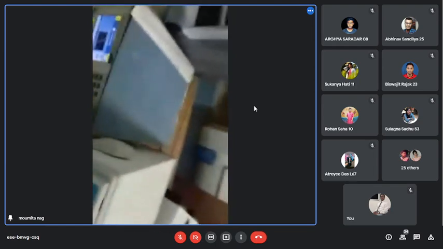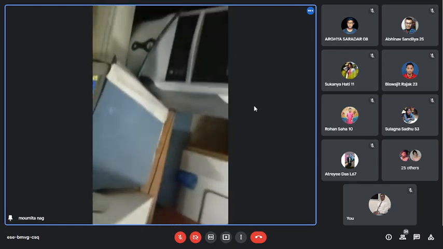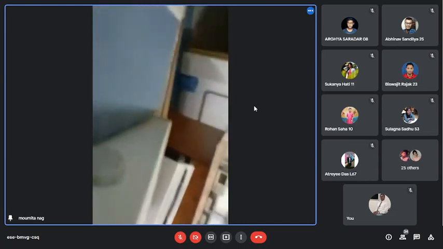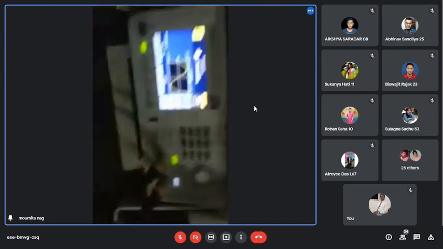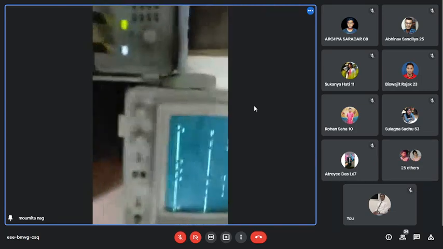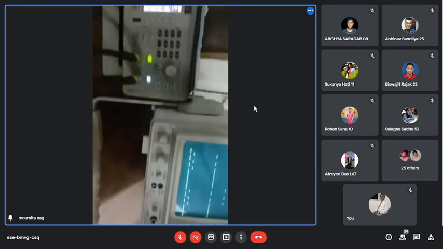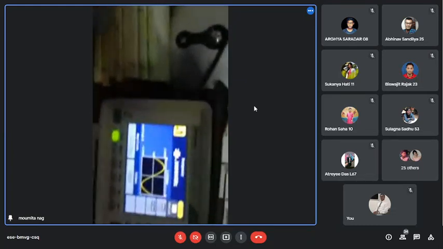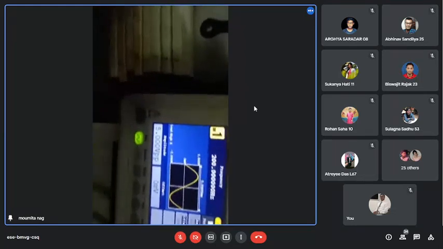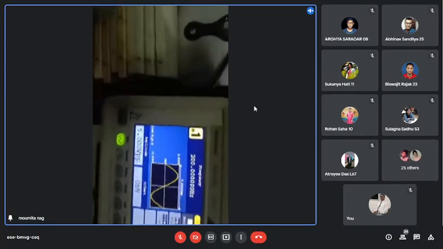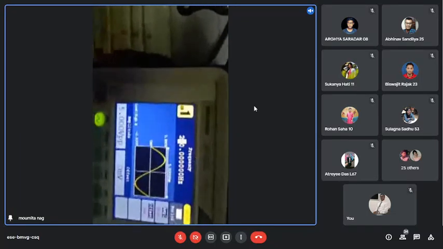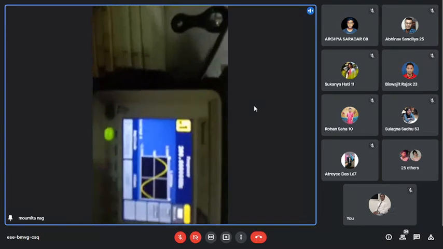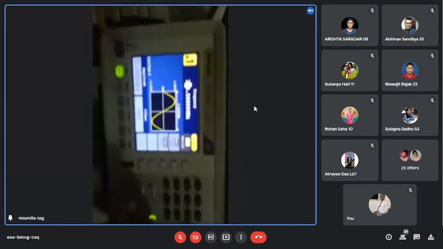Now I show you the output. See here, this is channel 1 of the function generator. I have given the message signal. First I will switch off the message signal.